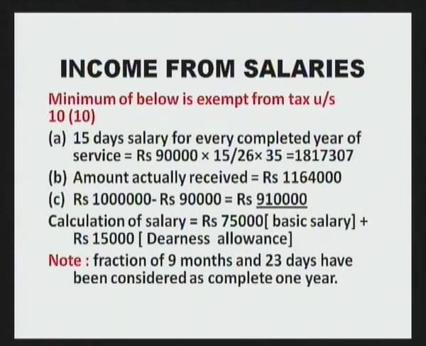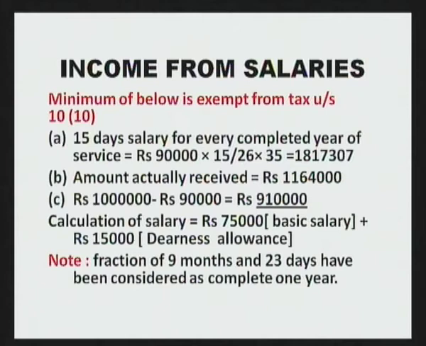First is 15 days salary for every completed year of service, that is rupees 90,000 multiplied by 15 upon 26, further multiplied by 35, we get 18,17,307. Second is amount actually received, that is rupees 11,64,000, and third is rupees 10 lakh minus 90,000 is equal to 9,10,000.